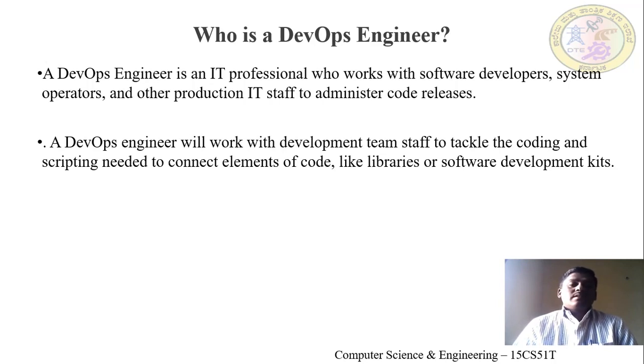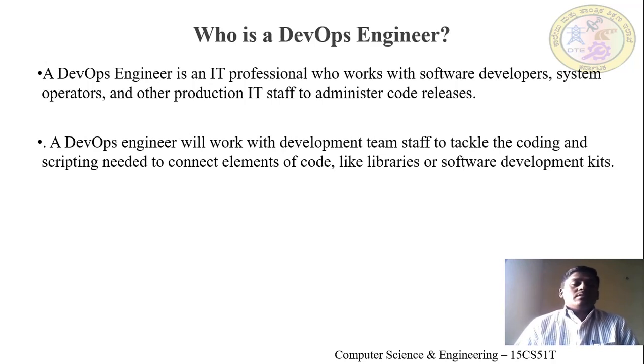They communicate with developers, system operators, and other IT staff. As soon as possible they need to finish that particular application, and the DevOps engineers work to enable communication between all the people working on a particular software or application.